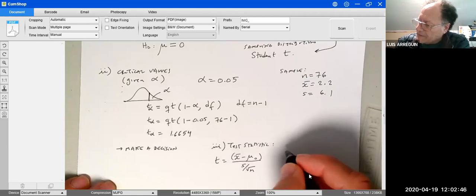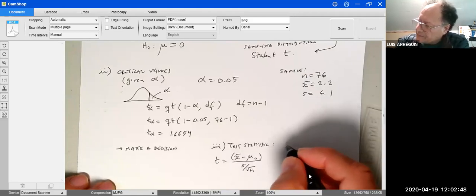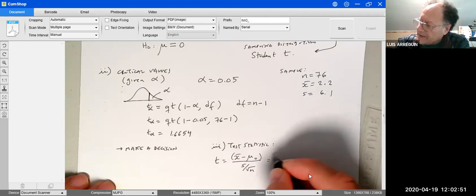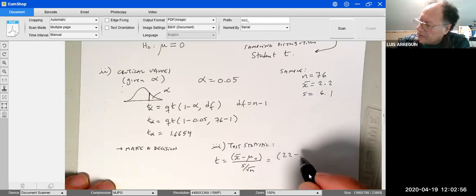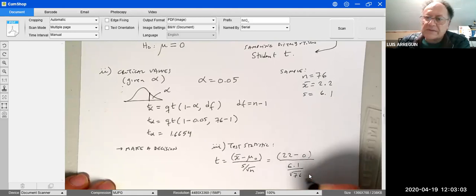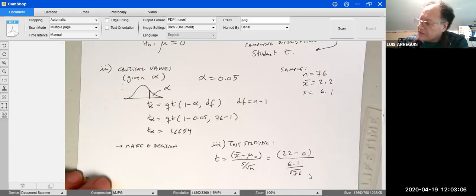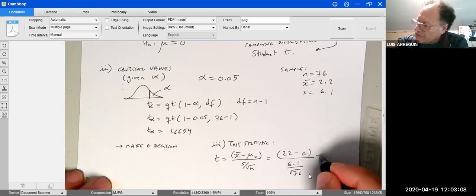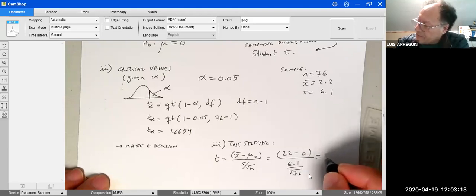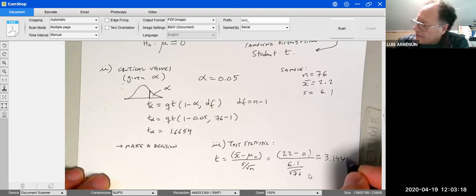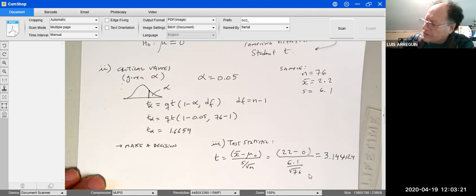So our test statistic is going to be x bar, which is 2.2, minus mu from the null, which is just 0, over S, which is 6.1, over the square root of 76. We can do these computations, and we're going to find that this T value is going to be 3.144124. If you use your calculator, you can do this.